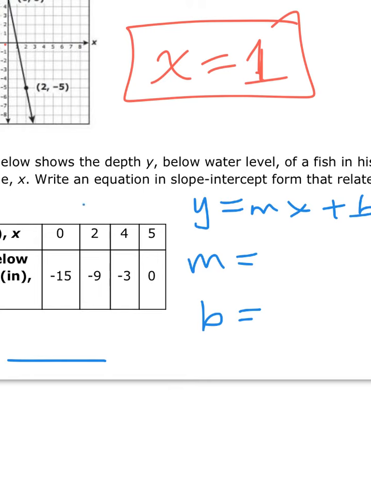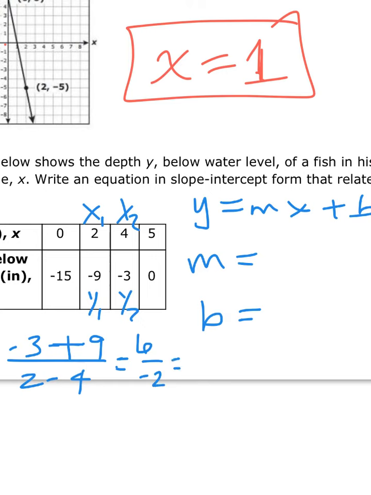Sure, okay. So I have x1, y1, x2, y2. So I have -3 minus a -9 over 2 minus 4. So that minus a negative is a big fat plus. So what's -3 plus 9? 6 over -2. And what's 6 divided by -2? -3.